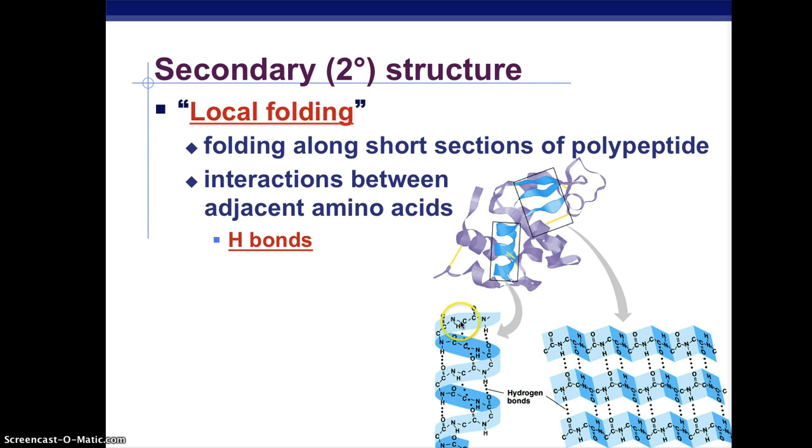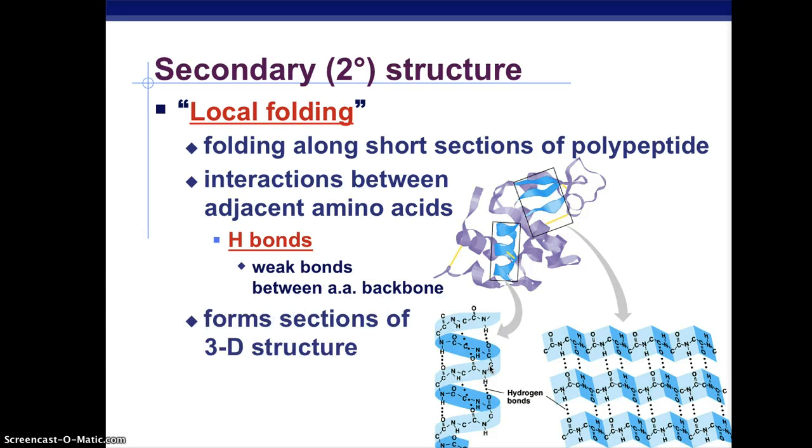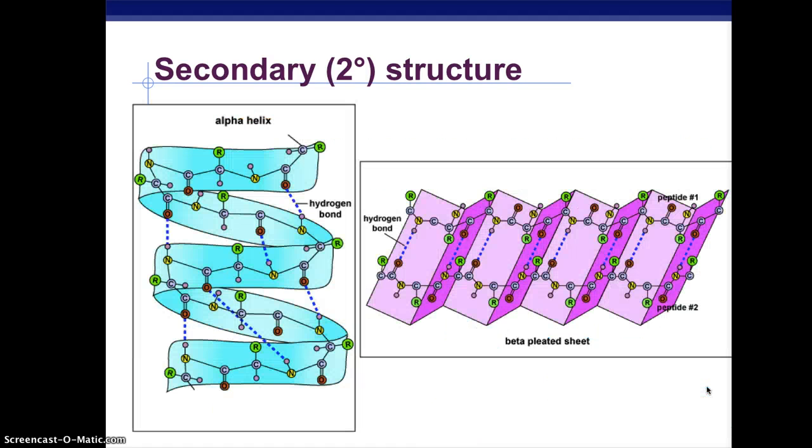And so it's actually interactions between the backbones that cause our proteins to fold into what are known as alpha helix, which is the spiral shape, or into what's known as a beta pleated sheet. If you've ever folded a piece of paper into a fan, that's the shape of a beta pleated sheet. So again, another depiction of our alpha helix, the coil, or the beta pleated sheet, the folded paper.